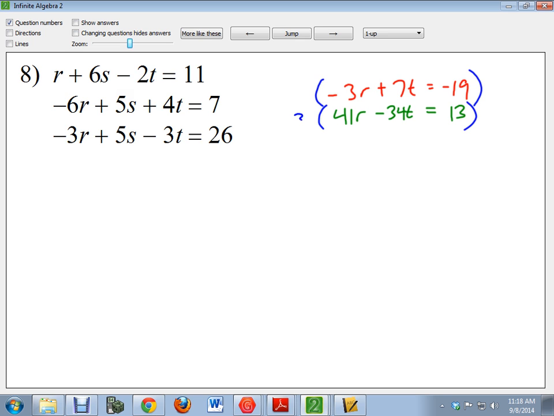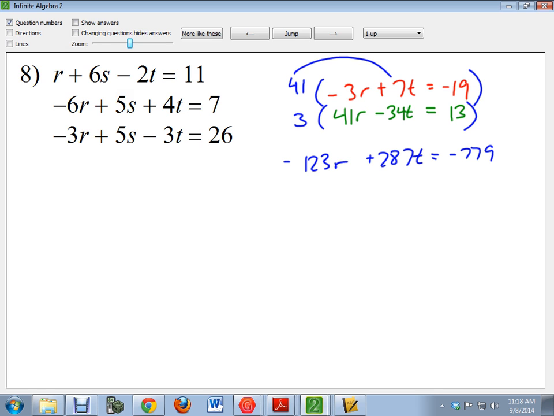I'm going to go ahead and change the sign of the 3 to make that a positive 3, and we'll leave that 41 alone. And again, the reason for that is to make the signs the opposites. So 41 times 3 is 123r. It is negative. 41 times 7 is 287t is equal to, and 41 times 19 is going to be a negative 779.